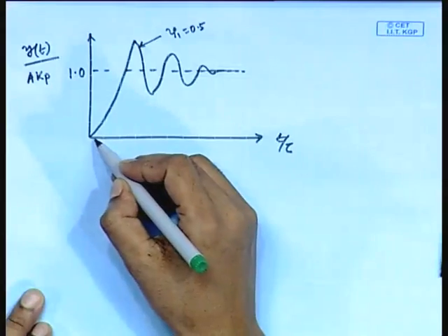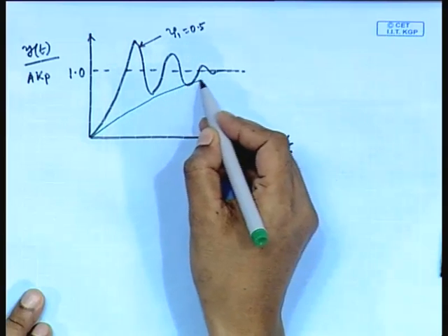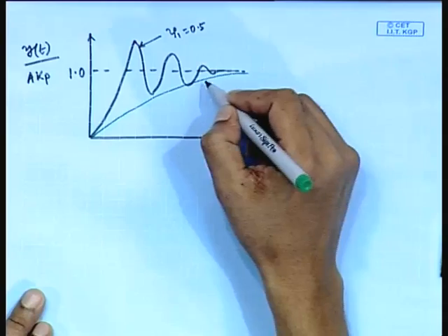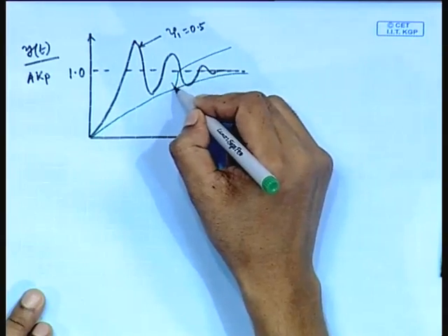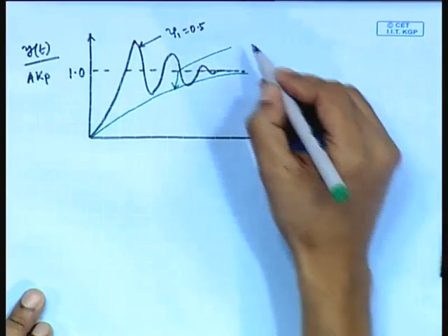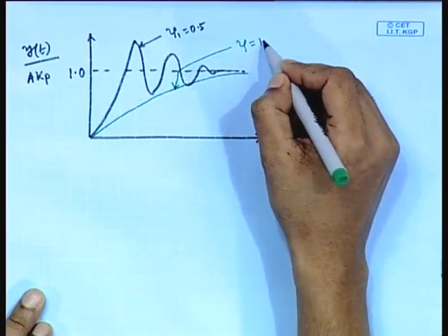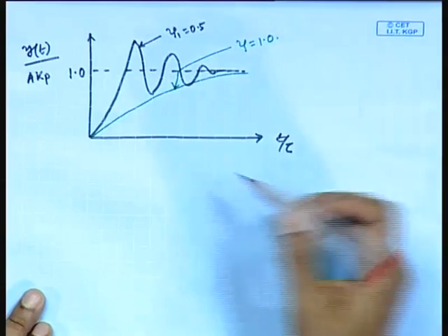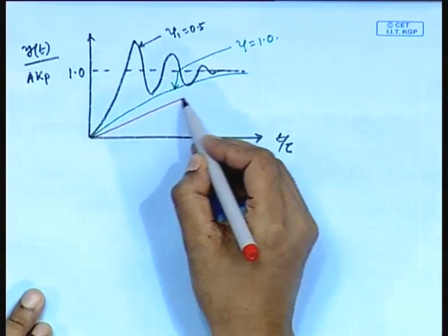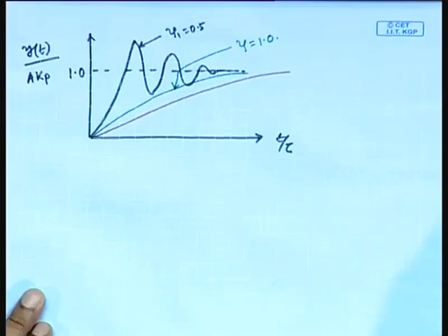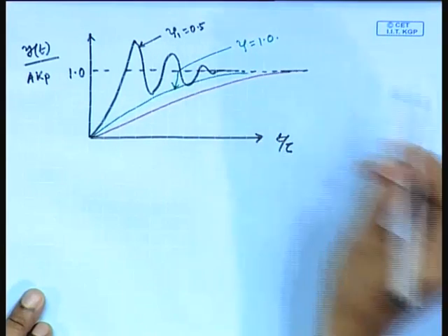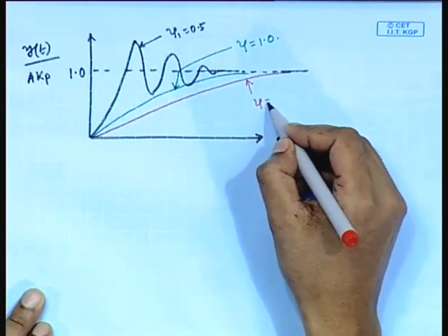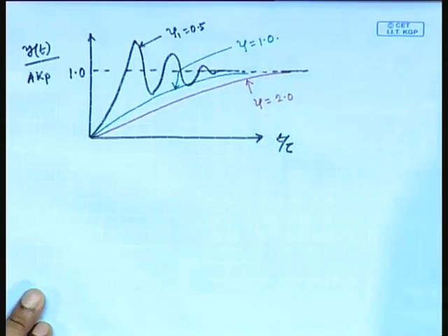In another case we get a response like this, for the value of zeta equals 1, and another type of response we get like this for the value of zeta, suppose, 2.0.